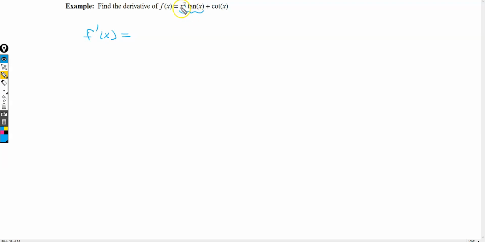So we're going to go x squared times derivative of tangent plus tangent x times the derivative of x squared, and then the derivative of cotangent. Now the derivative of cotangent is negative cosecant squared x, so we'll write that like this. Change that to a minus.